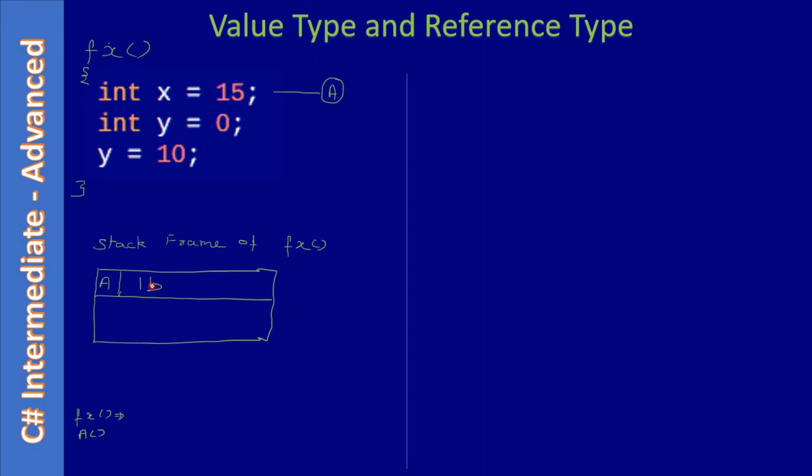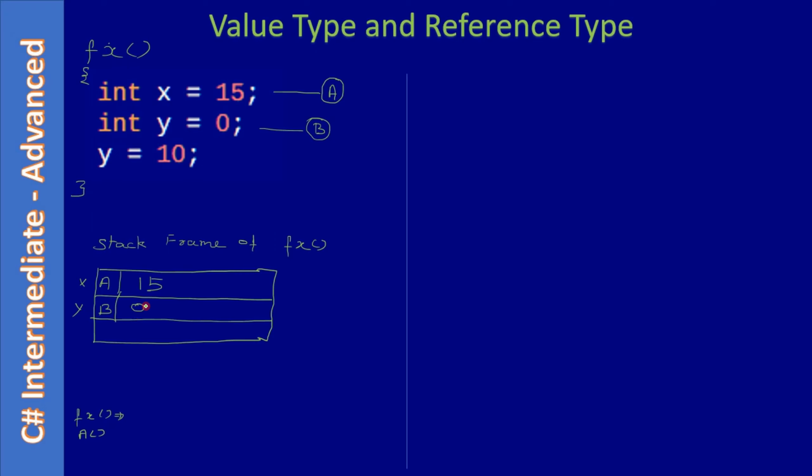So we can simply say the stack frame has a memory location x and that contains the value 15. In the next statement, b, we have variable y and that gets initialized to 0.